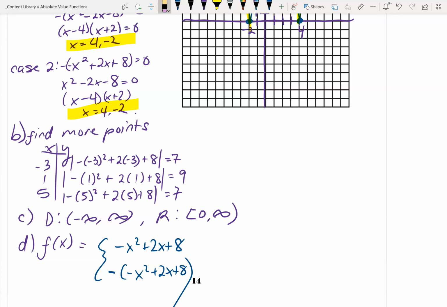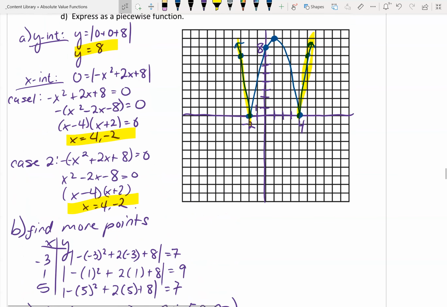Now we just have to write down the interval that this occurs on. So remember, this is an upside down graph. This is what it will look like. We see an upside down version of this in between negative 2 and 4.